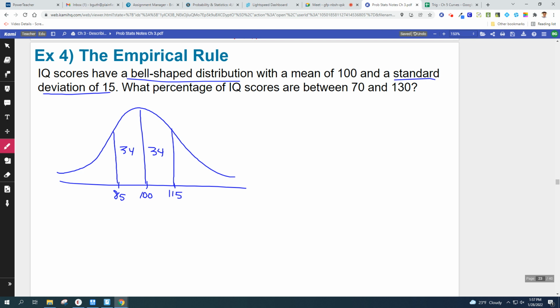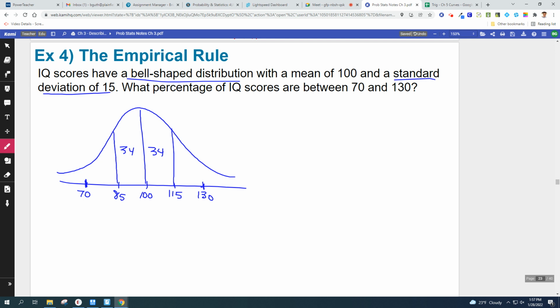That doesn't answer the question yet because they're talking about between 70 and 130. So you need to go another standard deviation. 15 is the standard deviation, so let's add another 15. If I add another 15, I'm at 130 right here. And if I subtract another 15, I'm at 70 right there. And those are the numbers I need, right?